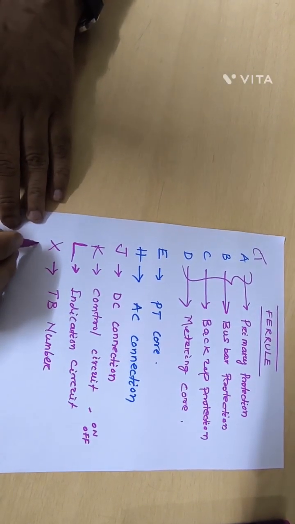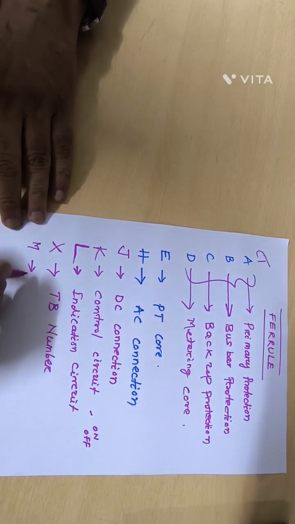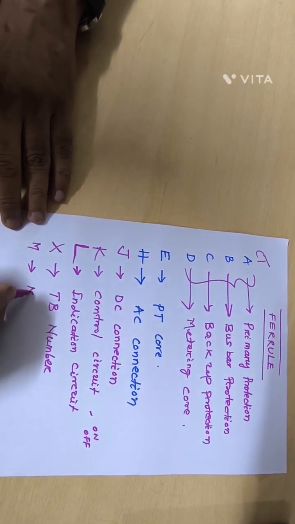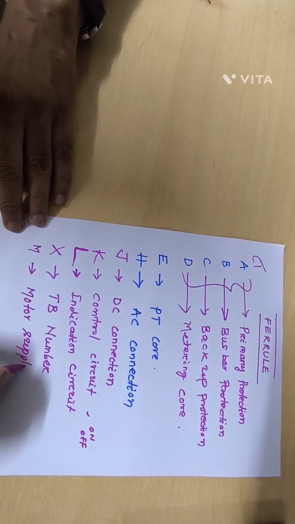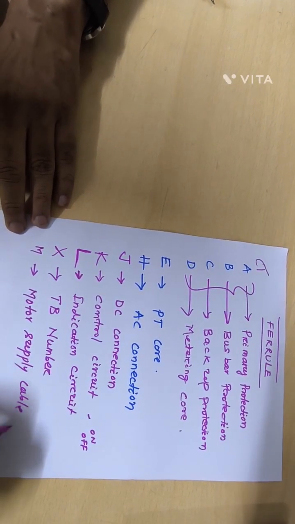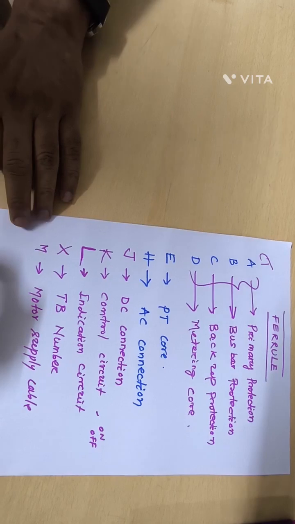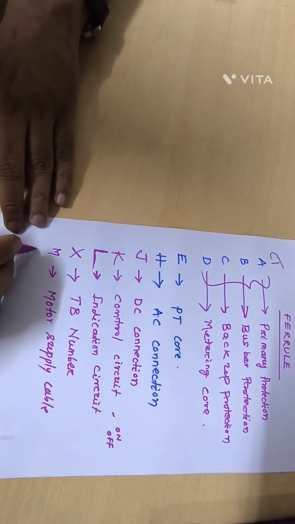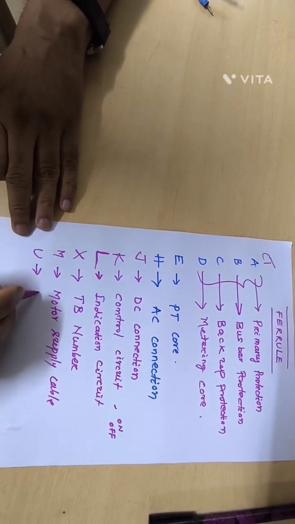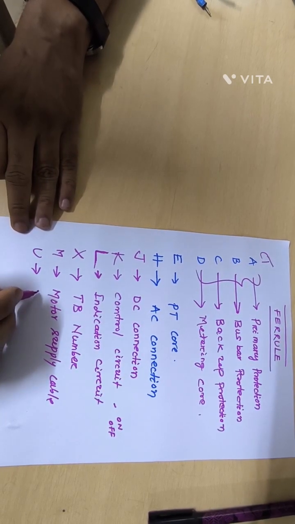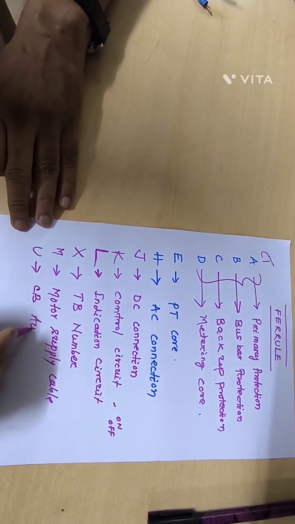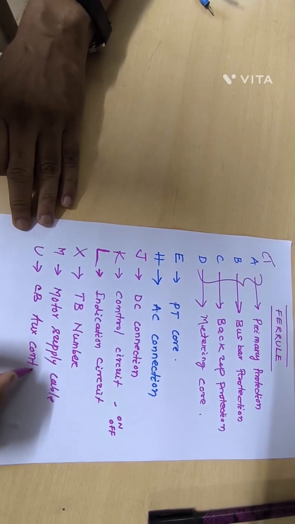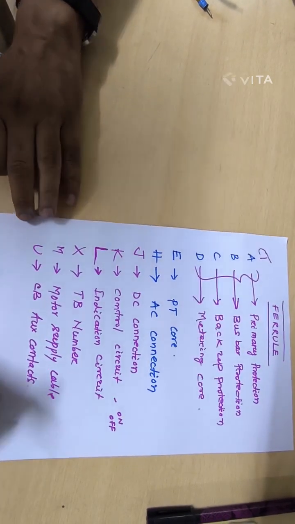M will come. This is the motor supply. Spring charging motor means motor supply cable. And like that, U means circuit breaker auxiliary contacts, maybe spare contacts like that.